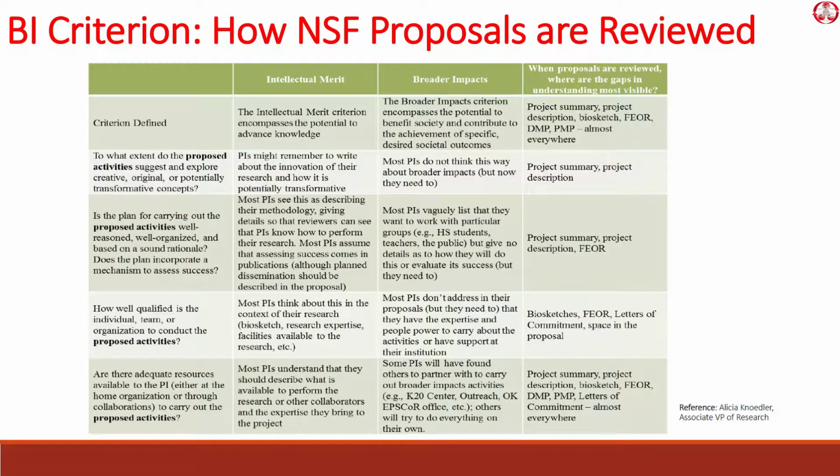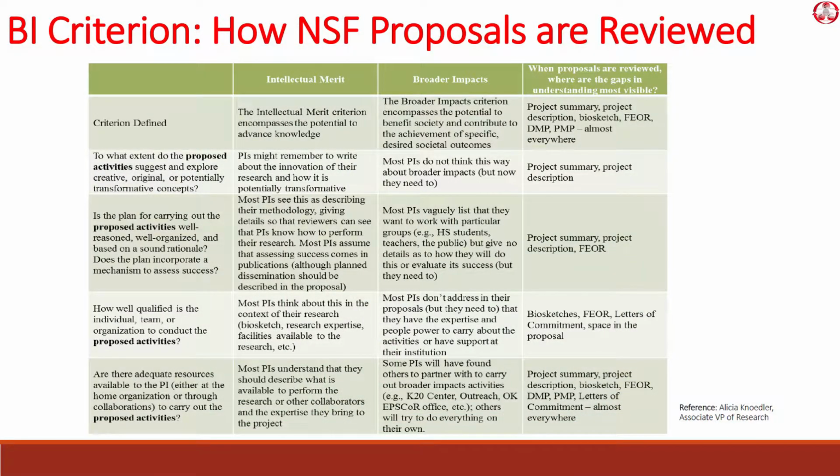There are some things that we should consider when we're thinking about NSF proposals. Now, the first thing that you need to keep in mind is that broader impacts within the context of NSF proposals should be demonstrated almost everywhere. It's not good enough for you to have that in your 1-page summary. It's not good enough for you to have that in your 15-page narrative, right? You need to have that as well in your supplemental documents.